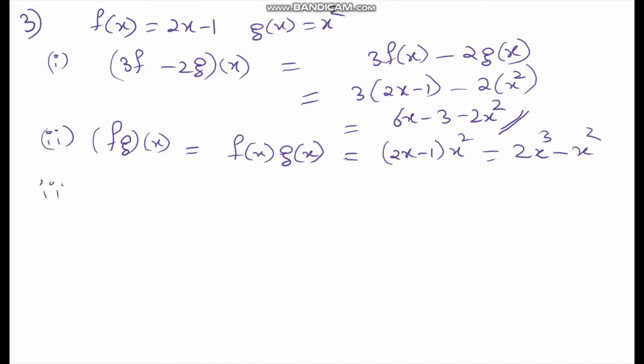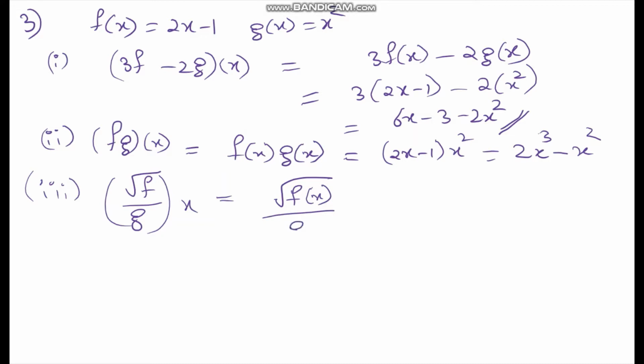Third one, root of (f by g) of x. This can be written as root of f of x by g of x. That equals root of (2x minus 1) by x square.